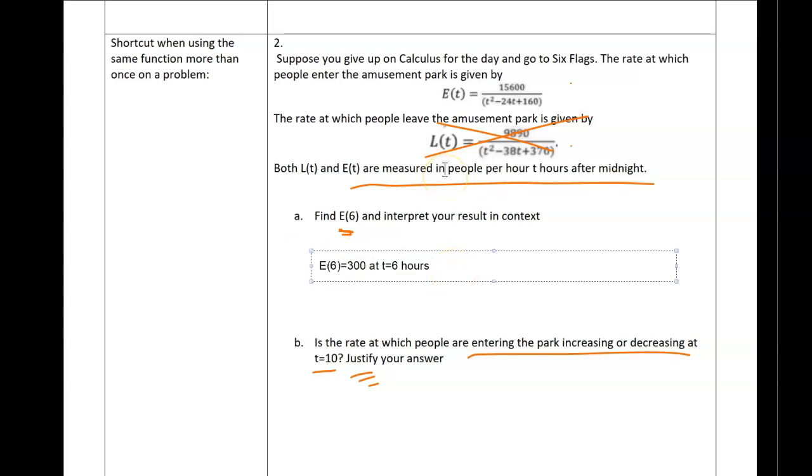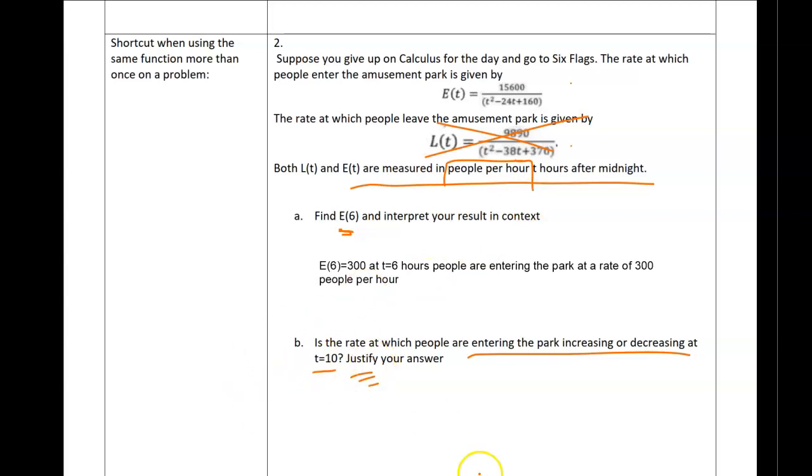At t equals 6 hours, people are entering the park at a rate of 300 people per hour. And that's exactly what it was in the problem, right? So I didn't change anything because I didn't change E. I left it alone, right? So I didn't take a derivative. So that's my interpretation. Notice it still reads the same, even though we did not take a derivative.